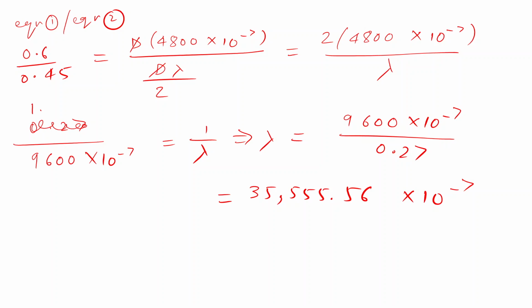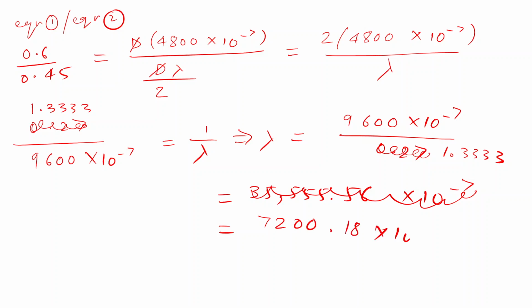This is 1.3333. When I divide this and take this in the denominator, 600 divided by 1.33, it will be, mistake, it will be 7200 some value times 10 to the power minus 7.